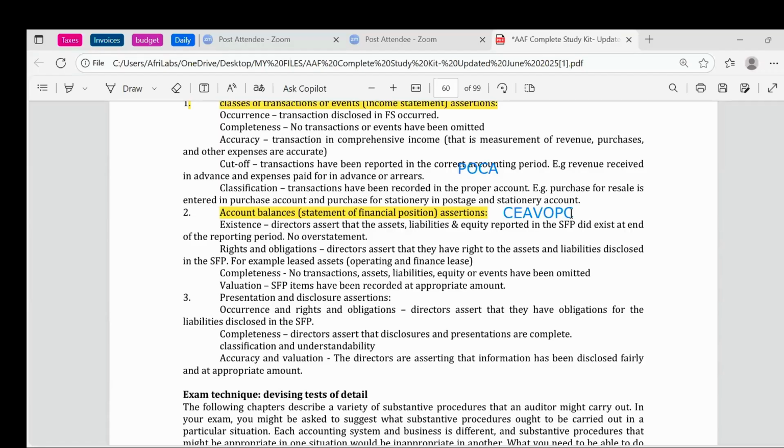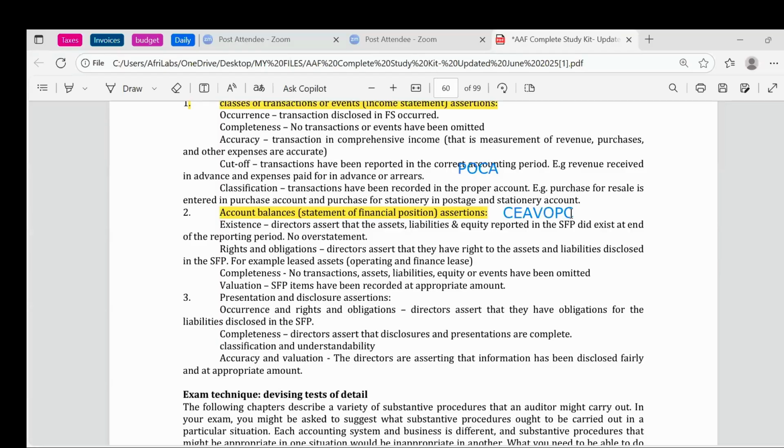So either it is a right or an obligation, they must show ownership of an asset or obligation of a liability before you can record it in your SOFP. Do you understand what I'm saying? Yes, ma'am.